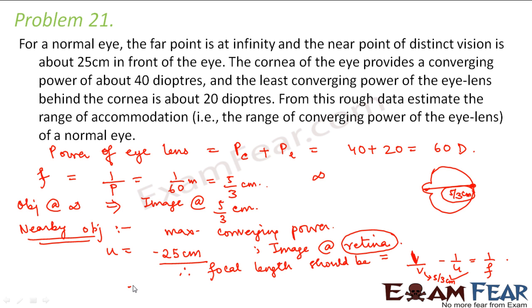So using these values, we can calculate the value of F, which comes out to be 1 by 64 meters. From this, we can calculate the new power, that is P dash, which comes out to be 64 diopters. So we have to calculate the range of accommodation of the normal eye, that means we will calculate the range of the eye lens.